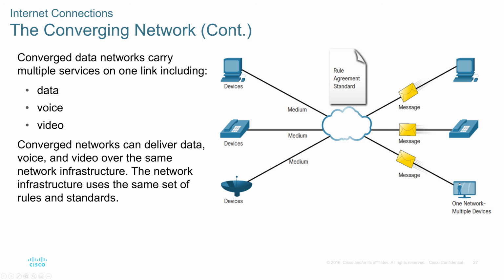So we will look in depth at how we use things like QoS, data tagging, and VLANs to separate this network, even though we are using one link, in our future modules. But for now, just know that the modern network uses converged systems.